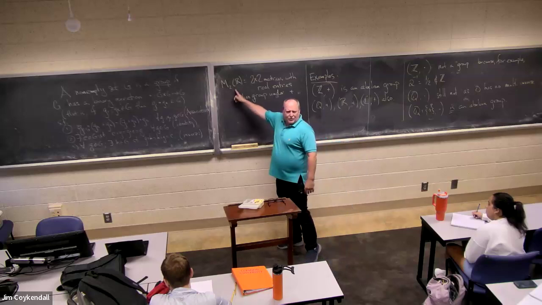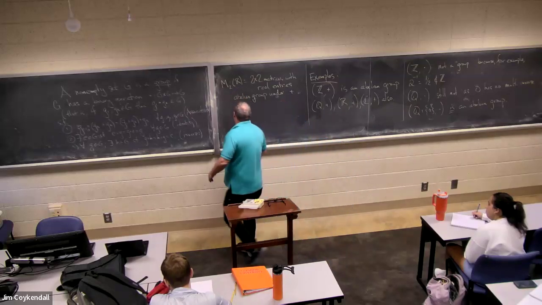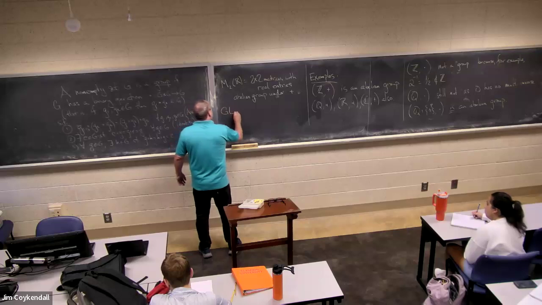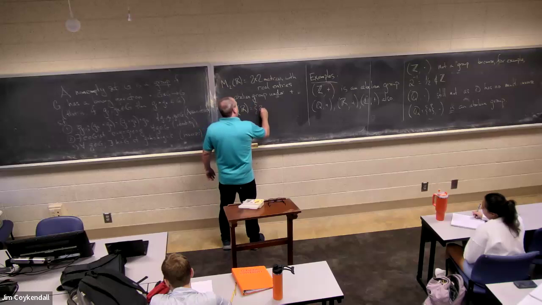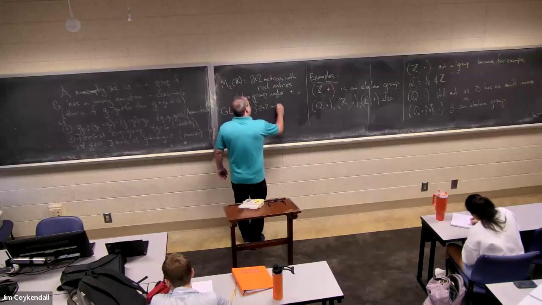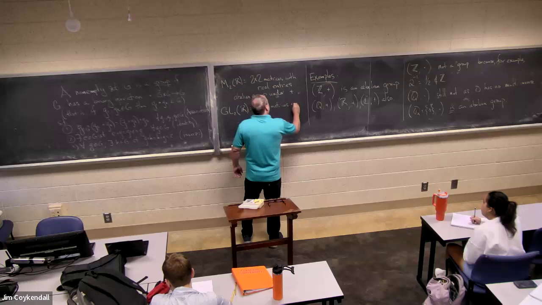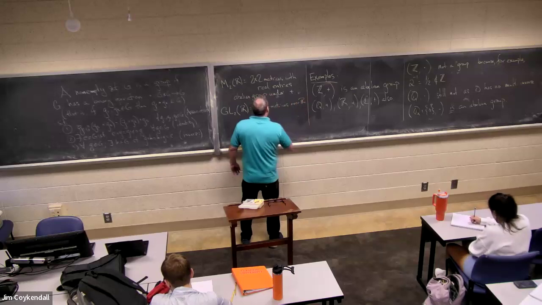So there's too much here. So let's look at this group instead. This is the set of 2 by 2 matrices over R with non-zero determinant.